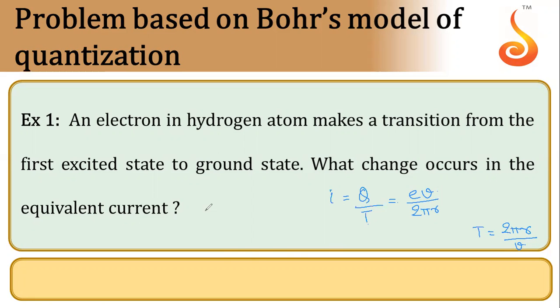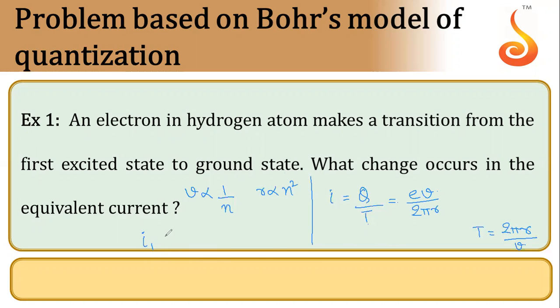Now according to our formulas, we have velocity which is inversely proportional to n, the nth orbit. And radius is directly proportional to n square. I'm using proportionality because we just need to find what change occurs in equivalent current. So let's do that.